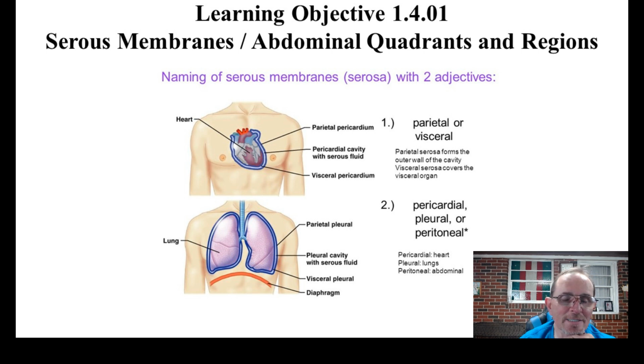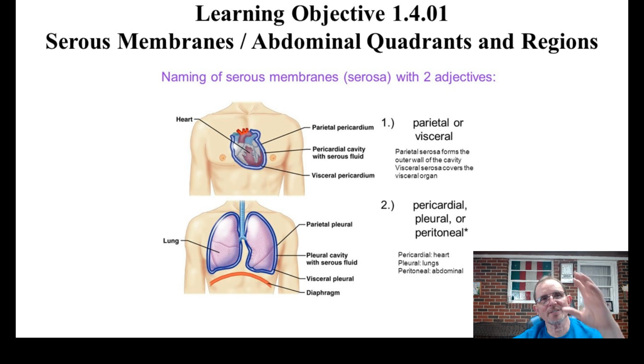I don't know if you guys can see that, but if you look, you see that one blue line, it goes up. It's kind of like shrink wrap to the heart, and then it does a 180-degree turn and then lines the cavity.